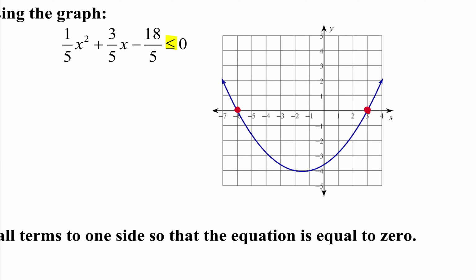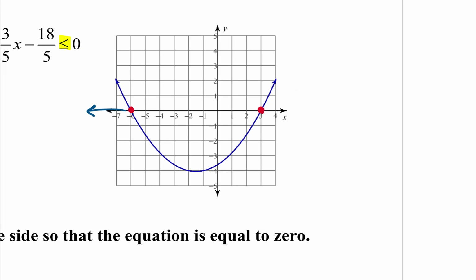That means that from negative 6, going this way is greater than 0, and from positive 3 going to the right is greater than 0. So notice this is a split answer, right? A split graph. I want the left and the right, I don't want that middle, because that middle dips below 0. I don't want that.